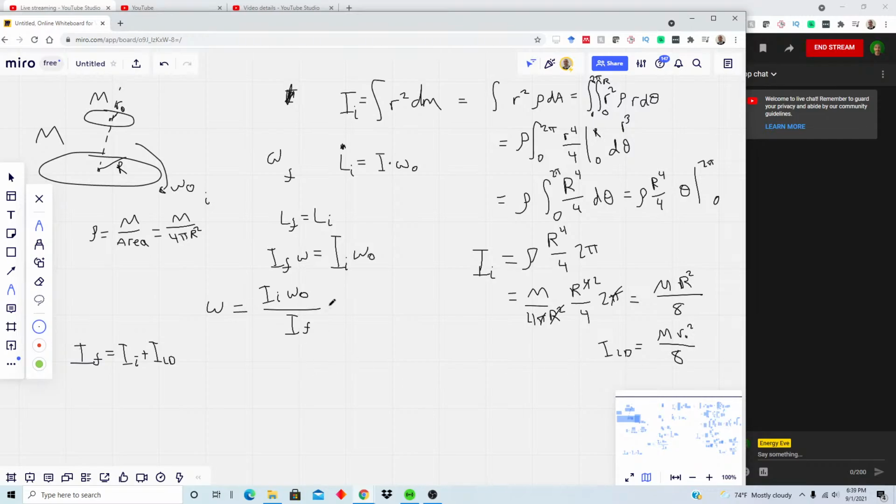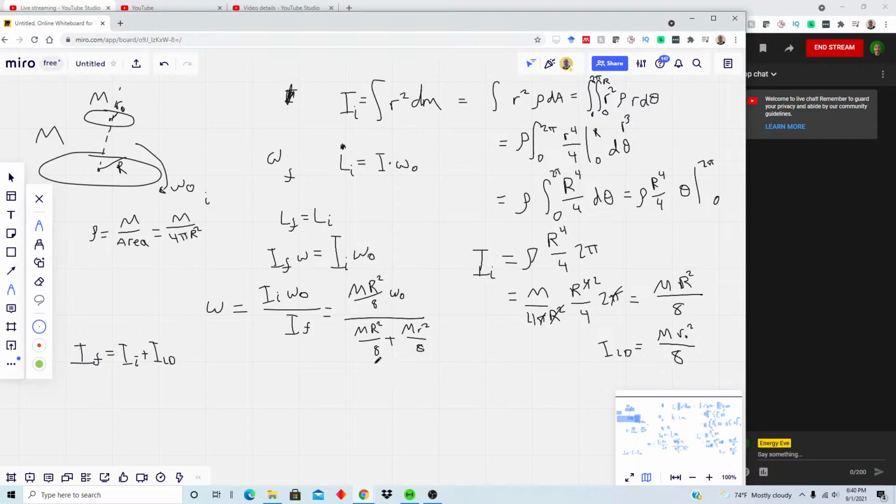When we work this out, we have big M R squared over 8 omega naught divided by, and remember this part is going to be this plus this, big M R squared over 8 plus big M little r squared over 8.